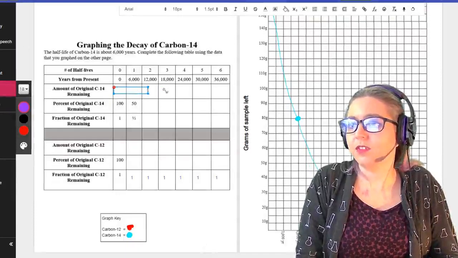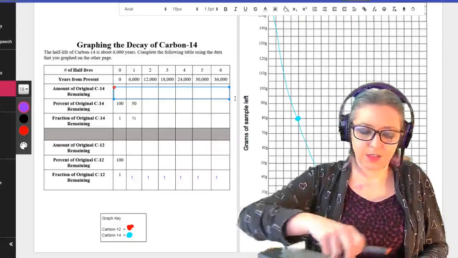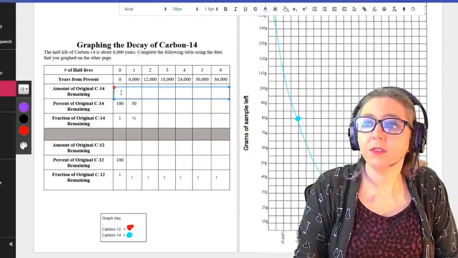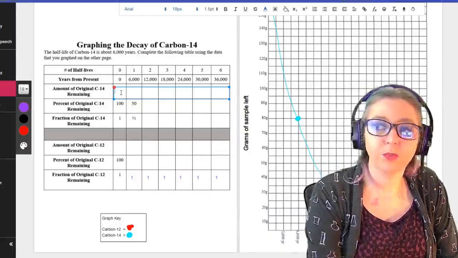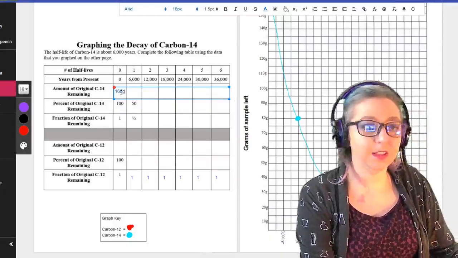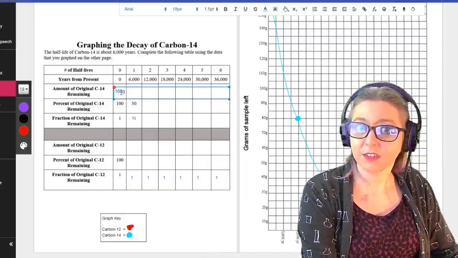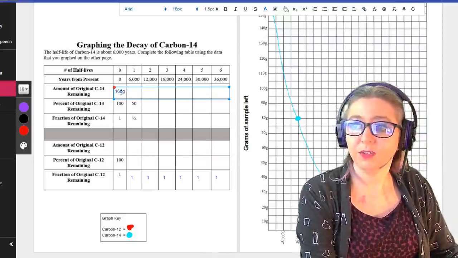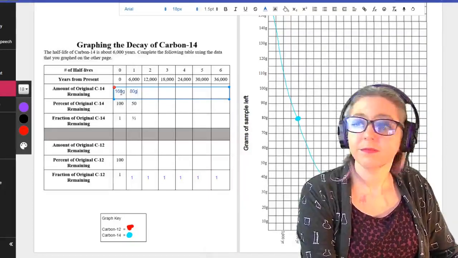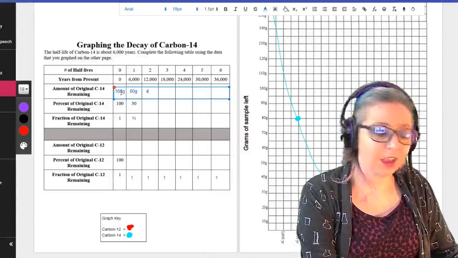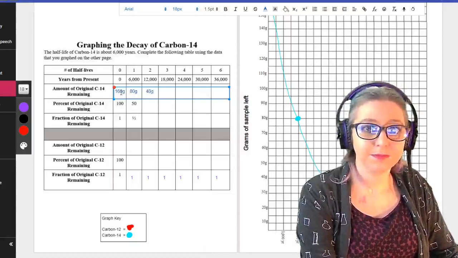Now, almost all of the values for this data table are right next to me in the graph. So my original amount of C14 was 160 grams. That's what I started with in my graph. Then after 6,000 years passed, I was down to 80 grams. Then after another 6,000 years, I was down to 40 grams.